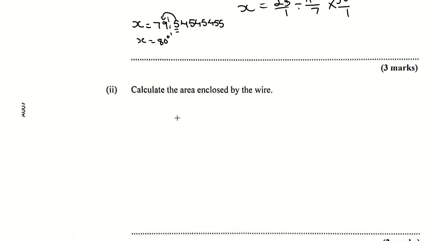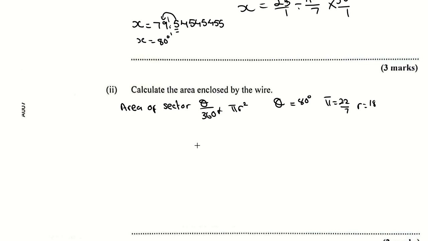The question says the area of your enclosed wire. We know that shape is a sector, so the area of your sector would be theta over 360 times pi r squared, where theta is equal to 80 degrees from the answer above, pi is 22 over 7, and r is equal to 18. So that's 80 over 360 multiplied by 22 over 7 multiplied by 18 squared.